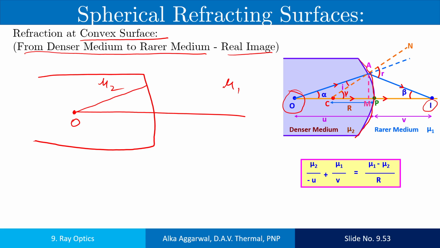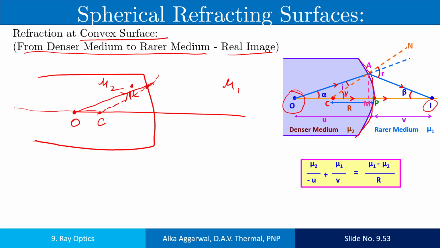The ray of light is incident at this point. Center of curvature also lies on this side. To draw the normal, join the center of curvature with the point. And the angle between the incident ray and the normal is the angle of incidence.